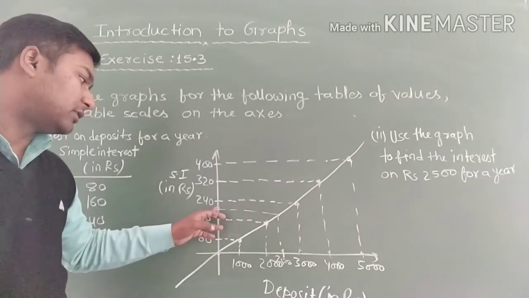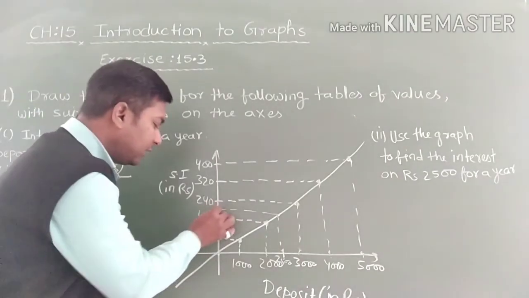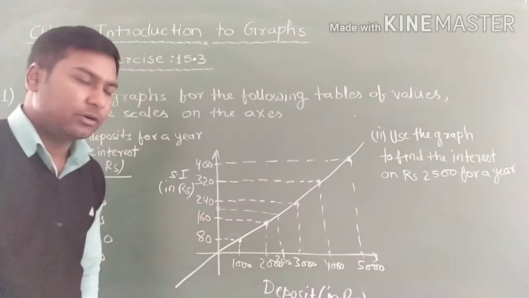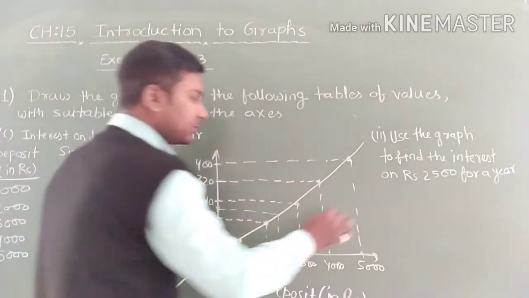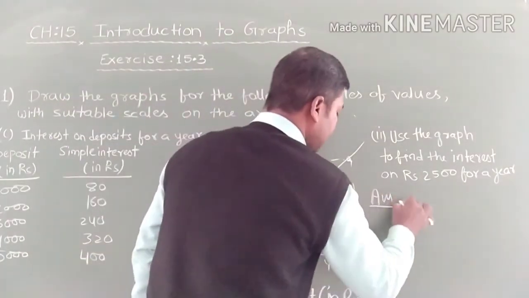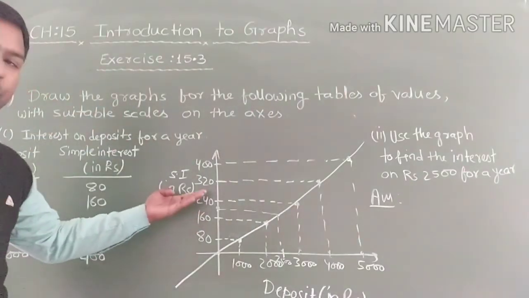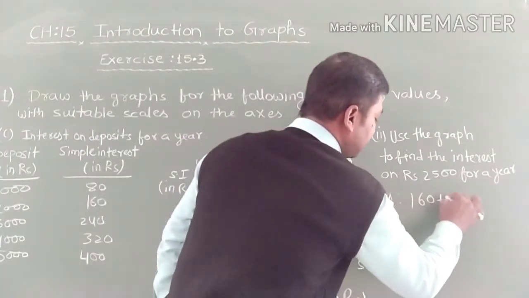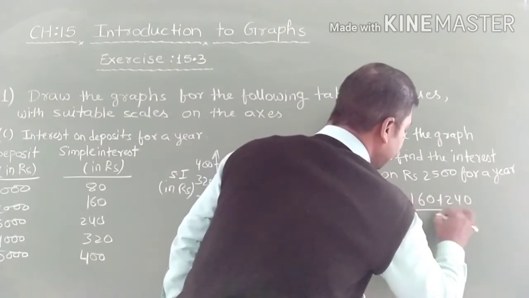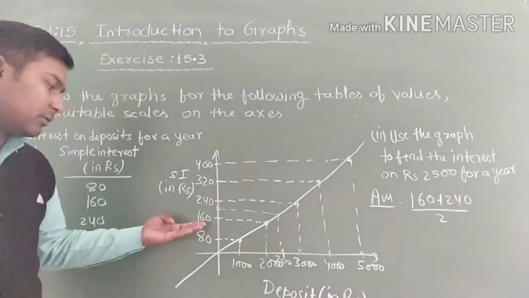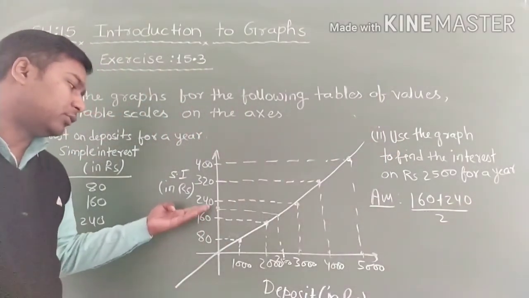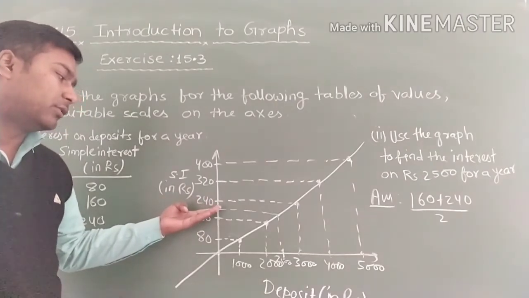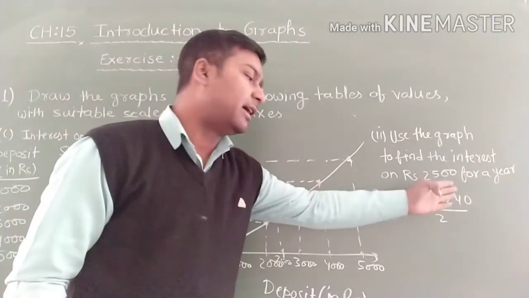So what is the value of this point? It is in between 160 and 240. So how can we find it? Find the number in between 160 and 240. We know the formula: simply add the two numbers and divide by 2.